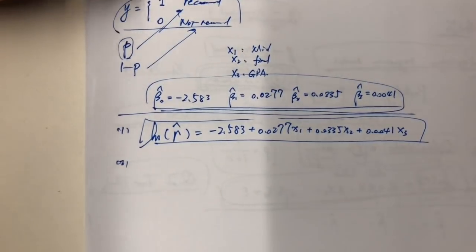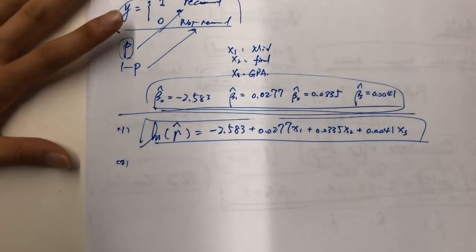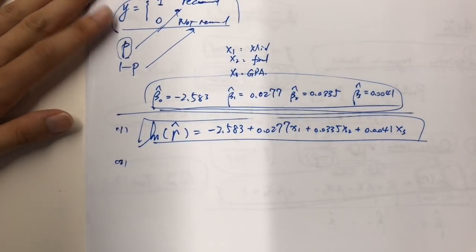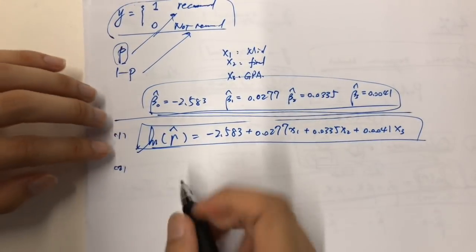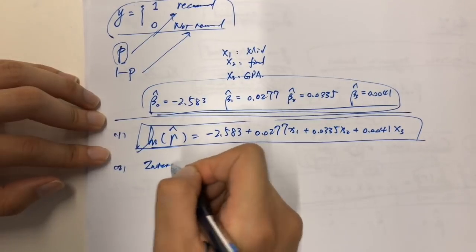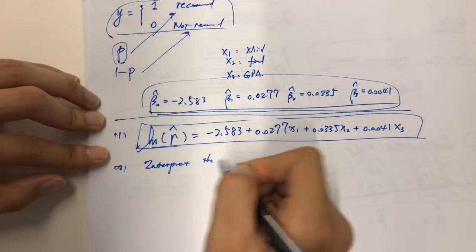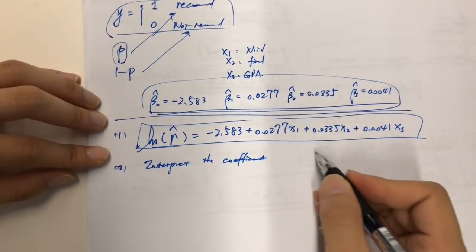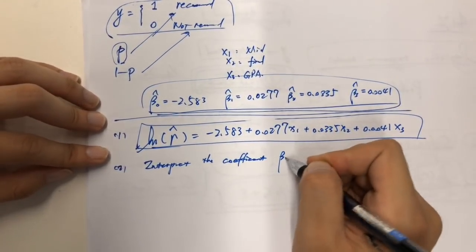Secondly, you are also asked to probably interpret the coefficient, for example the estimated coefficient beta 1 hat.